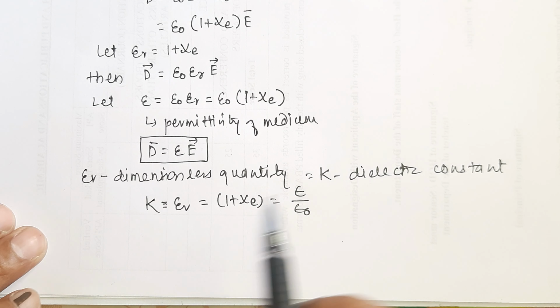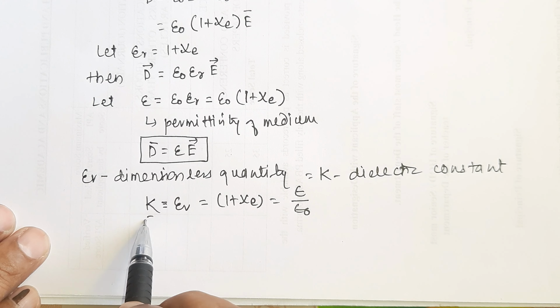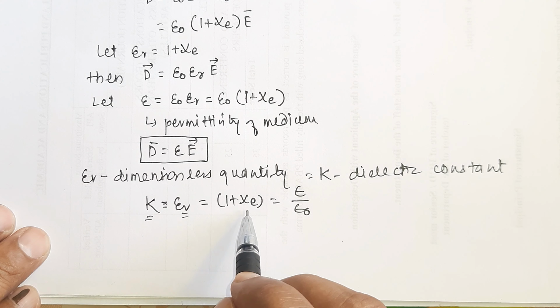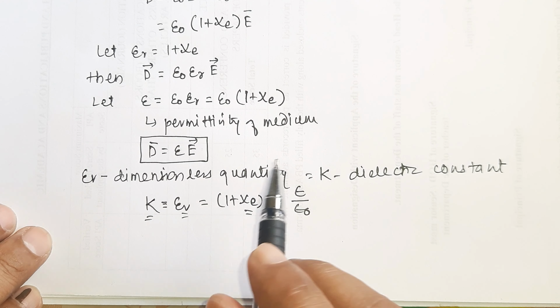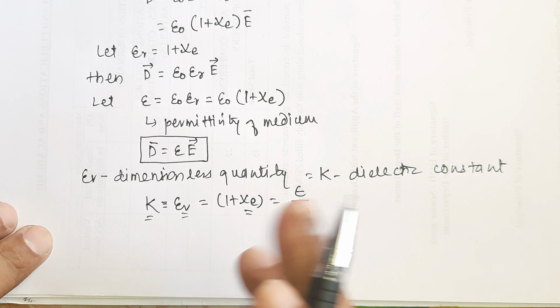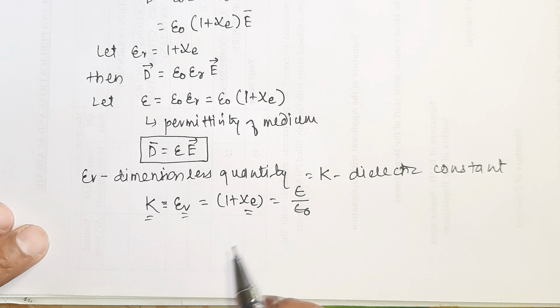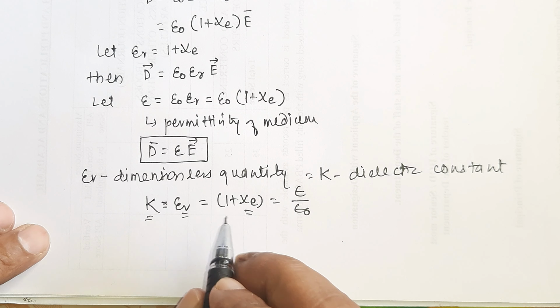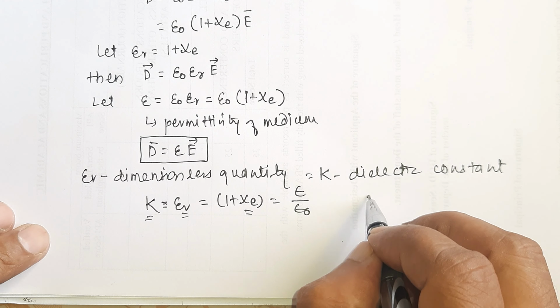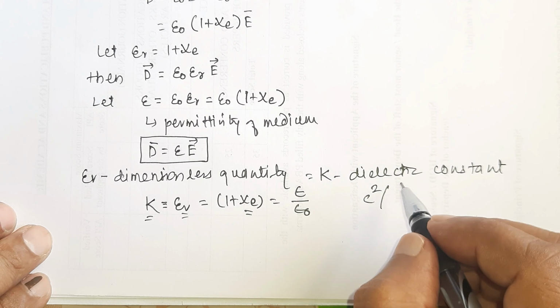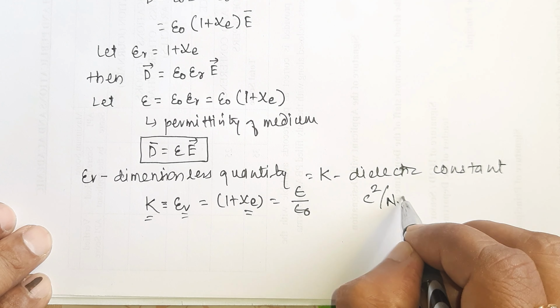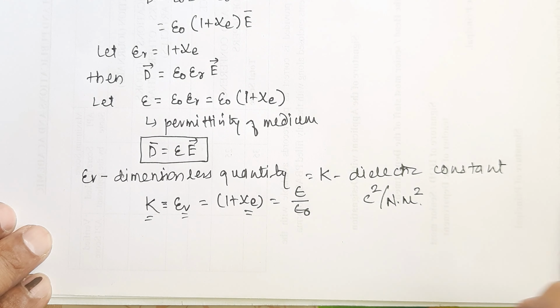Here these entities K, epsilon r and chi e are dimensionless and have no units. The units of epsilon are the same as those of epsilon 0, which is C square upon Newton meter square.